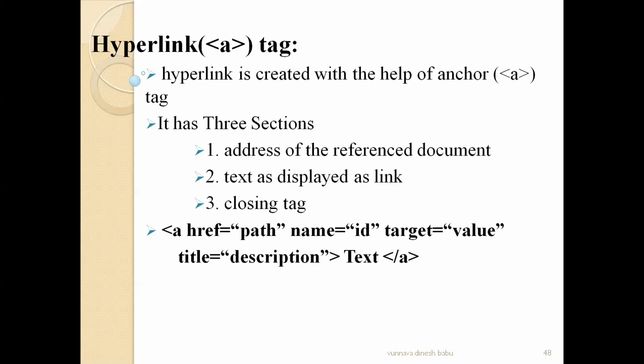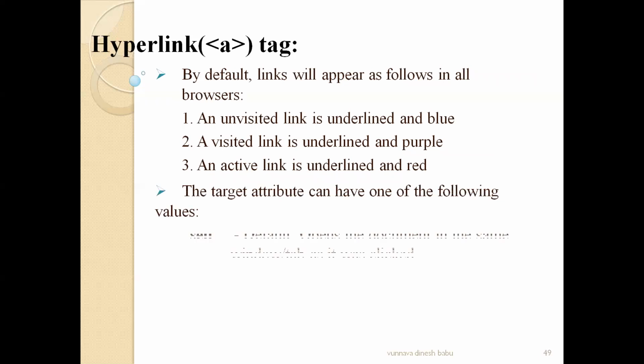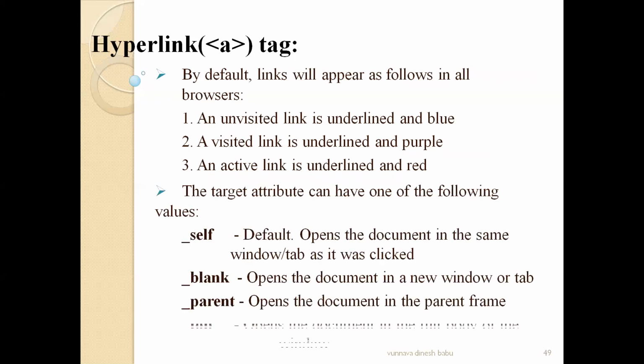And then target. This target attribute is used for multiple purposes. You can see the options for the target. Here there are 4 options. When we give underscore self, it opens the target document in the same window or tab.